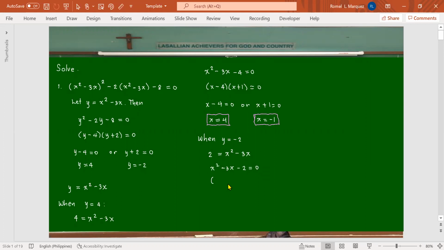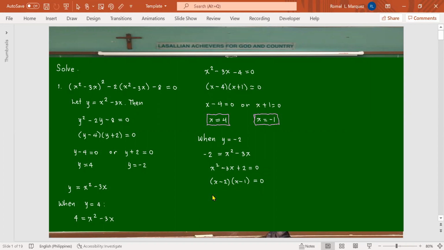Is this factorable or not? So it's plus 2, no? Because y is negative 2, sorry. So is this factorable? I think so, no? x minus 2, x minus 1 equal to 0.